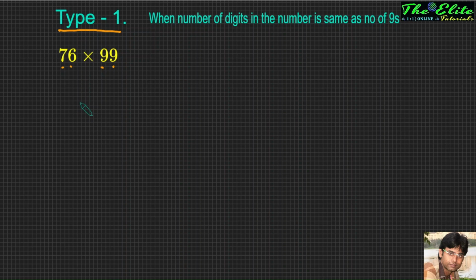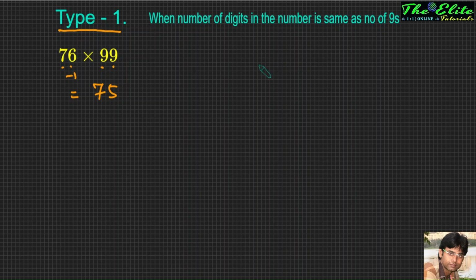The rule here is you will just subtract 1 from this number and write it down. If you subtract 1 from 76, what do you get? You get 75, right? Now in the second step, you have to find the complement of this 76.